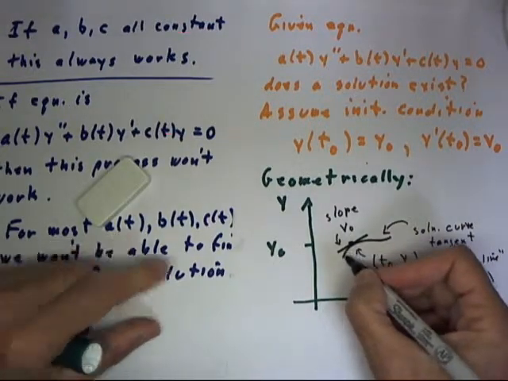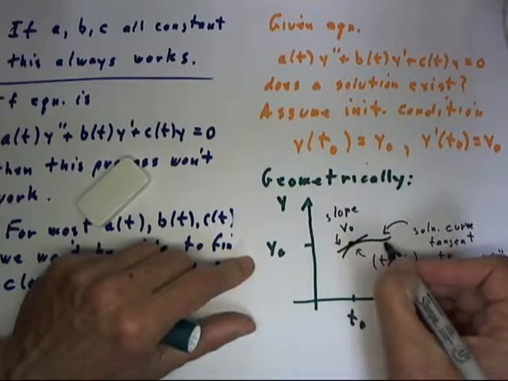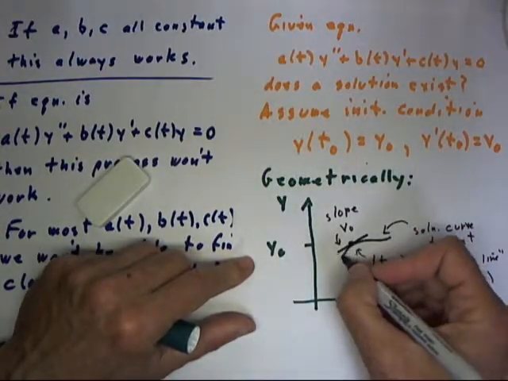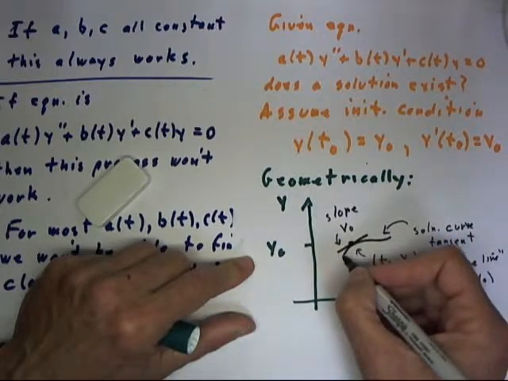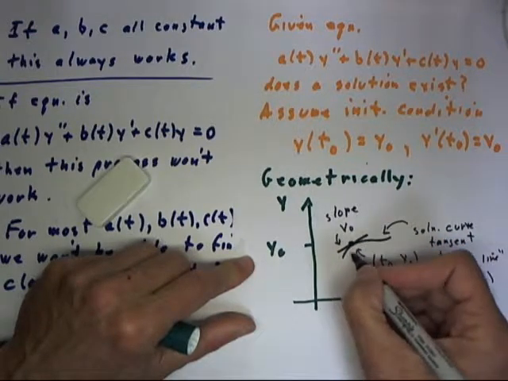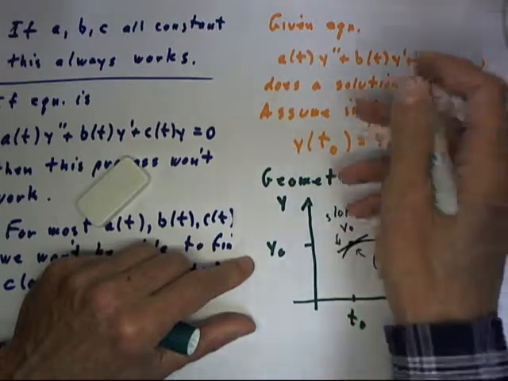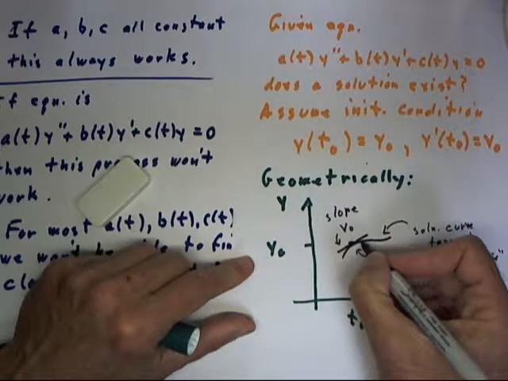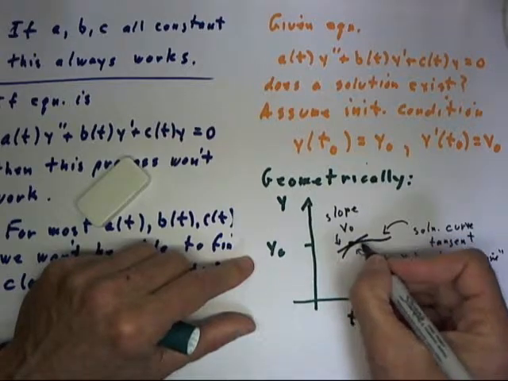Now, if this does happen to be the solution curve for this equation, then what do we know about the second derivative? Well, since the curve is concave down, we know that the second derivative of our solution function, y double prime, would be negative at this point. That's not necessarily the case.